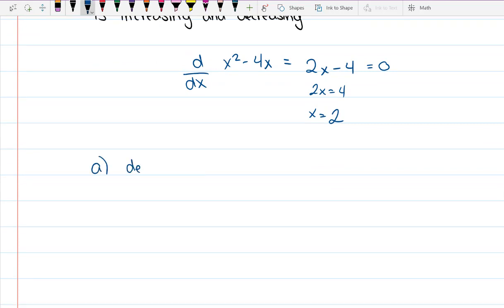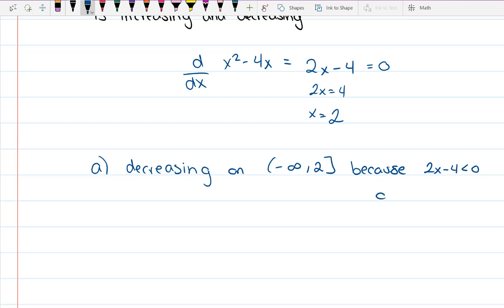our function is decreasing on the interval negative infinity to 2 because 2x minus 4 is less than 0 on the interval negative infinity to 2.